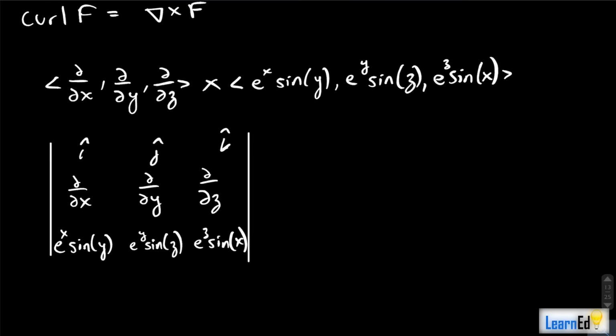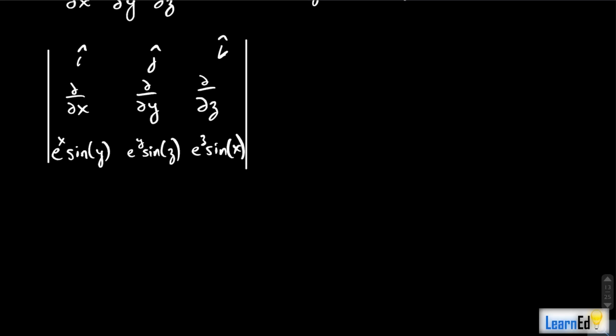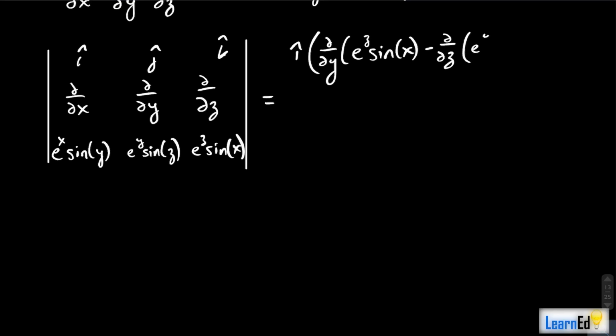I'm sure you guys have already dealt with cross product enough, so I won't bore you too much with it. We just have our i hat vector, which is going to be d dy of e to the z sine x minus d dz of e to the y sine z.